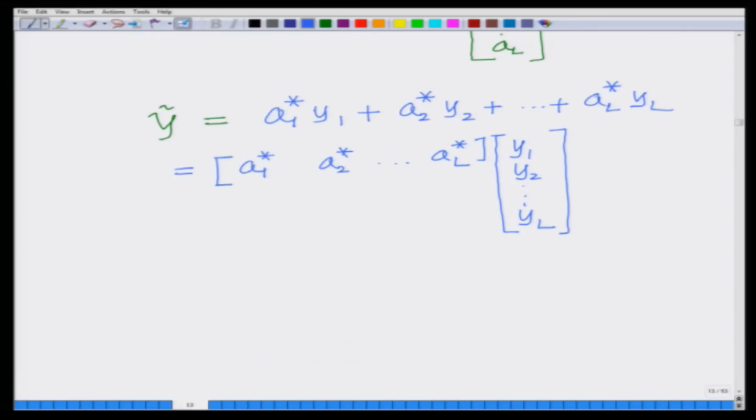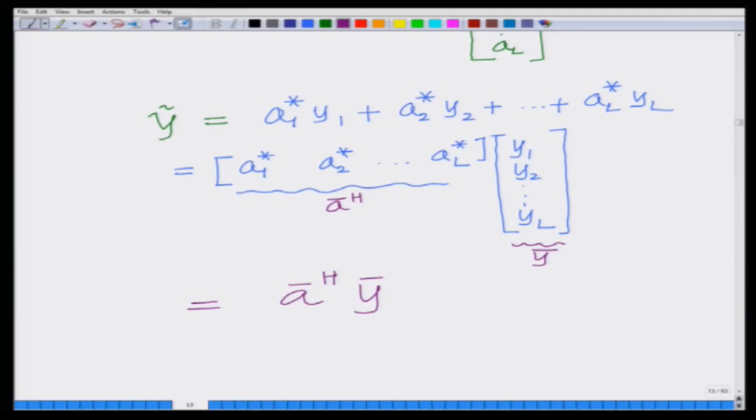And now you can see this is basically nothing but my vector A bar Hermitian, this is my vector y bar. So, this is A bar Hermitian times y bar.